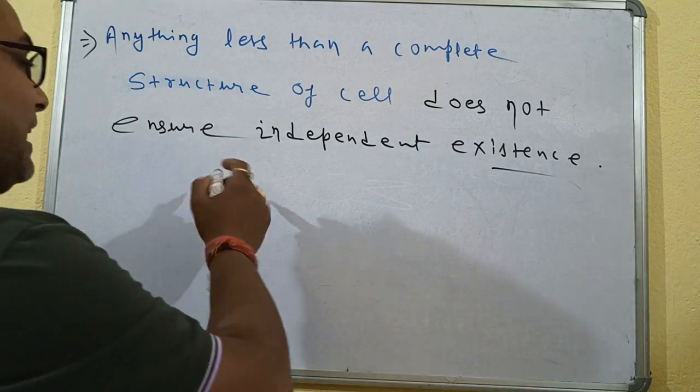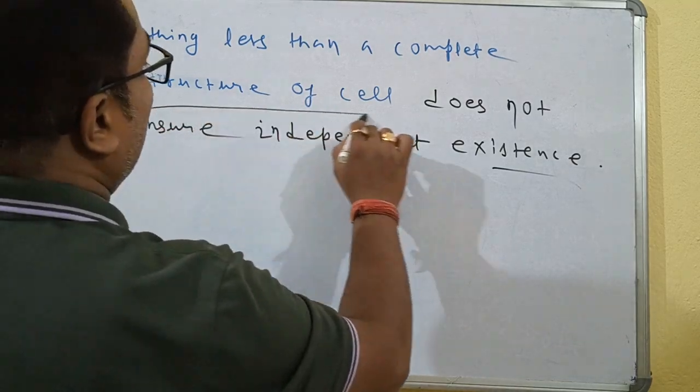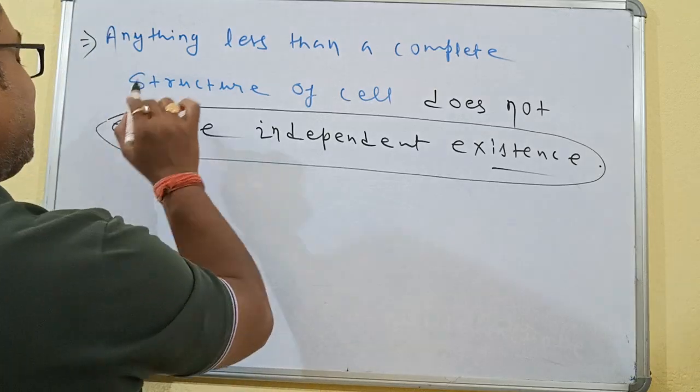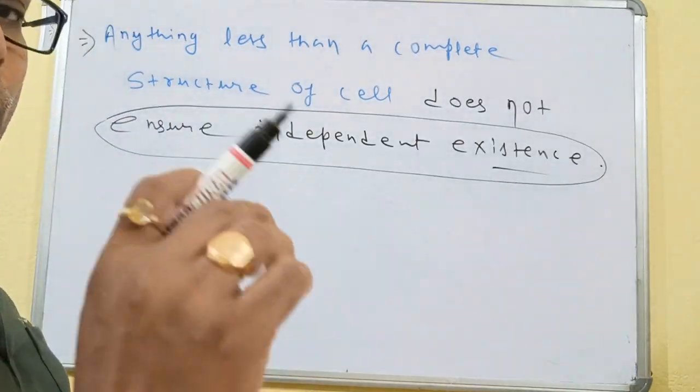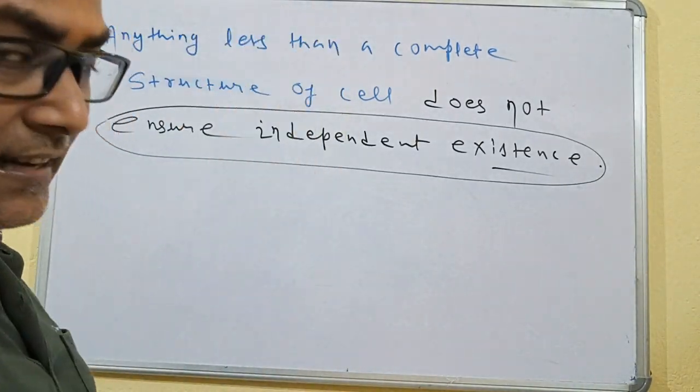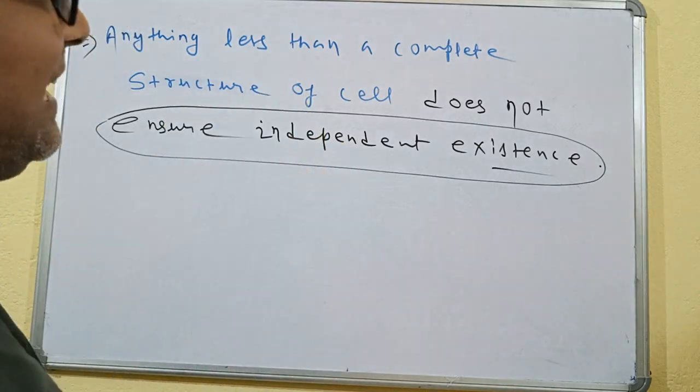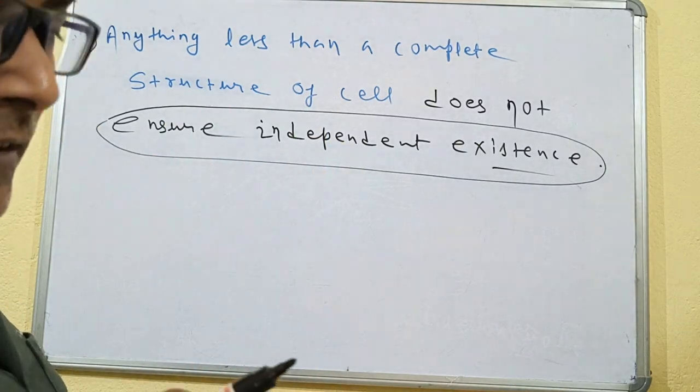That means if anything wants independent existence, at least one cell is present there. At least one cell is present there.